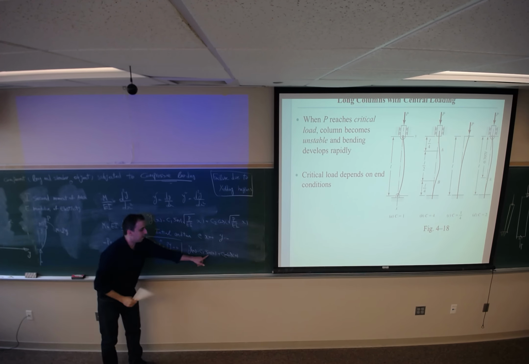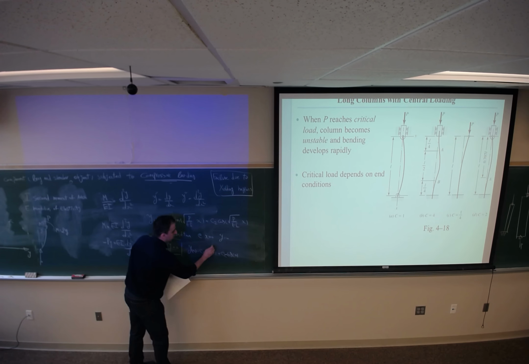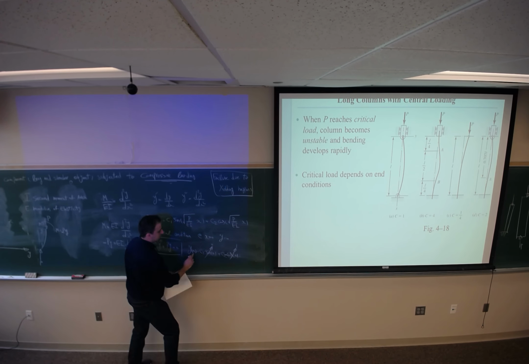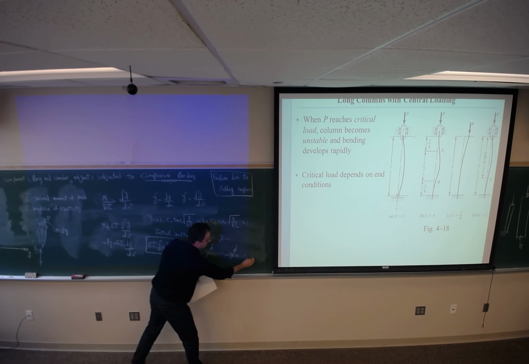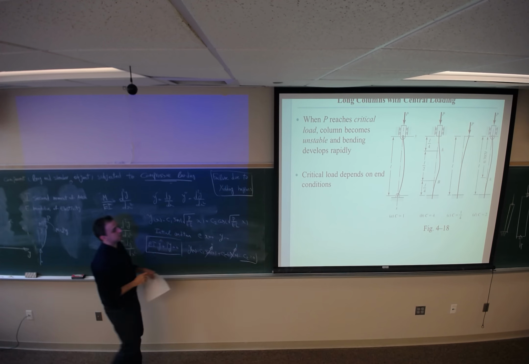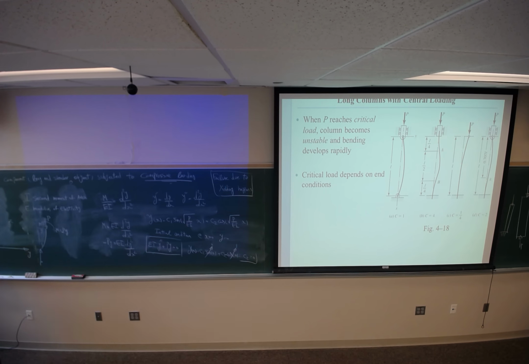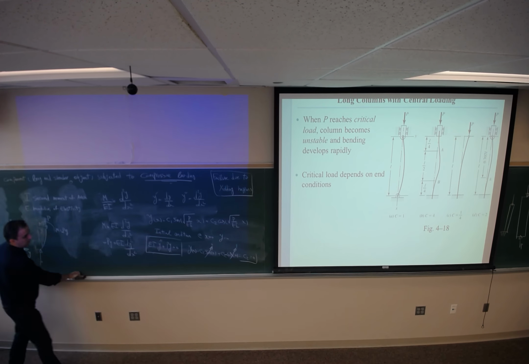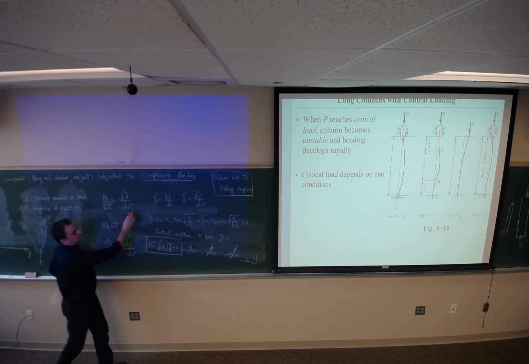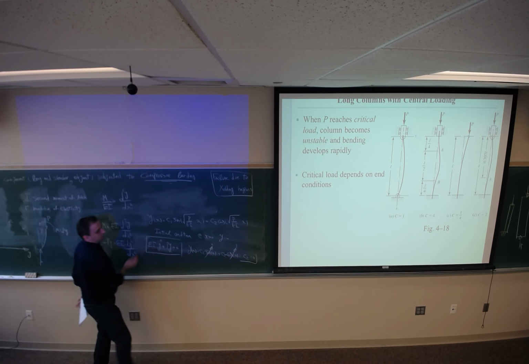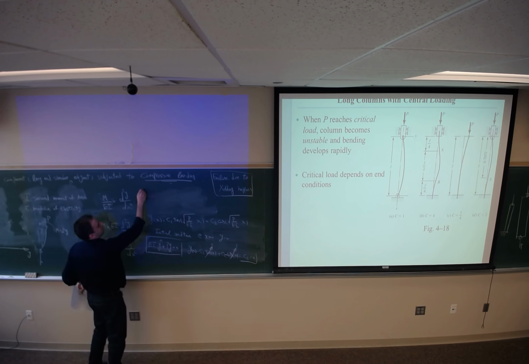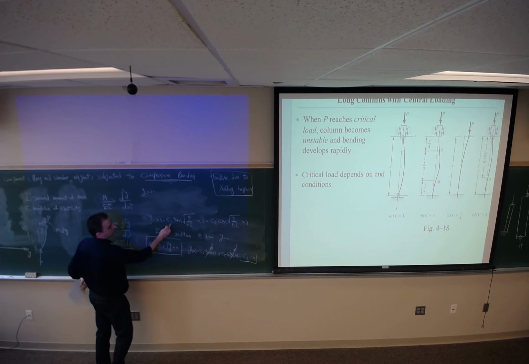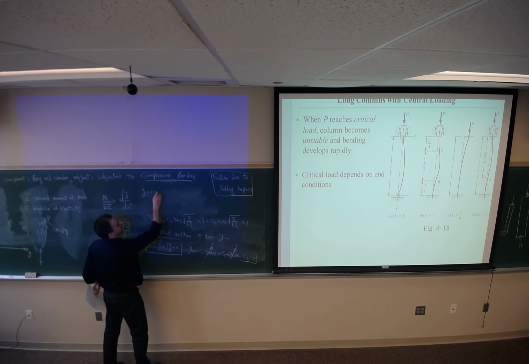Sine of 0 is 0, so that term is going to be 0. Cosine of 0 is 1, so this is going to be C2. And this should equal 0, so C2 is going to have the value of 0. I rewrite this again, Y of x, C2 is 0, I only have these terms.